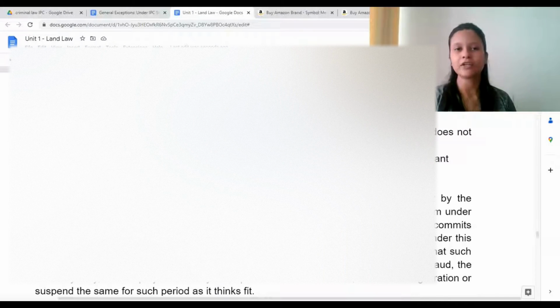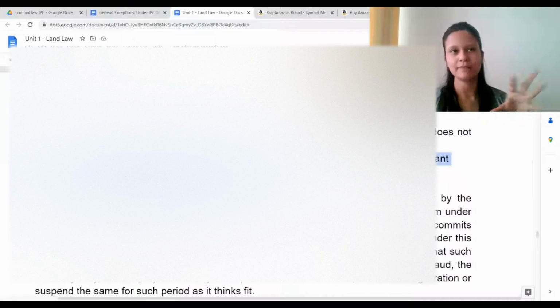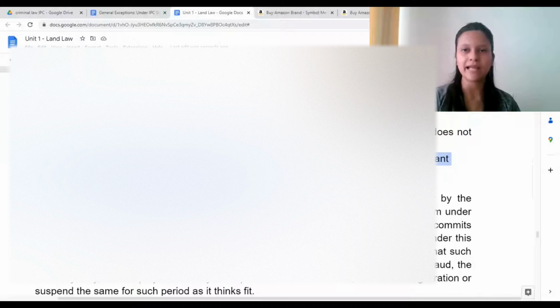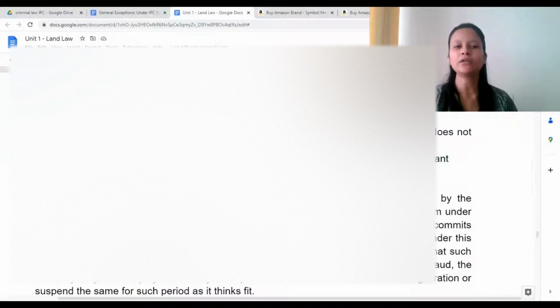However, in case the authority decides to reject an application for registration, the applicant must be given an opportunity of being heard in the matter. It should not happen that the authority simply rejects the application on its own. If they decide to reject, they need to give the person an opportunity to come and explain the matter: this certain thing is not clear, this certain part is not filled, whatever it is.